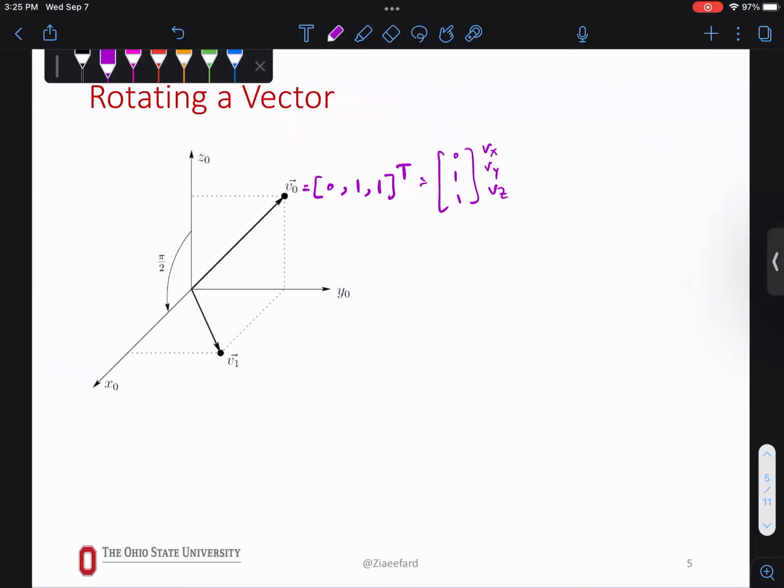Now, if this vector is rotated 90 degrees along the y-axis, and we want to find the new direction of this V, based on what you just learned, what do you think you should do if I want to find V1?